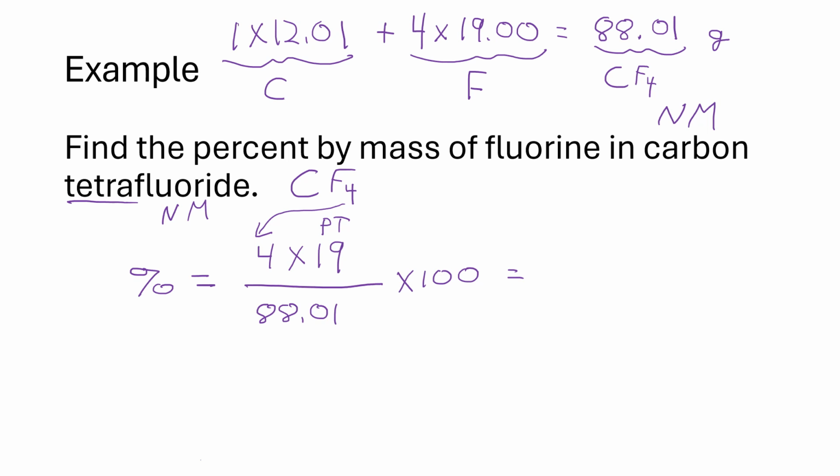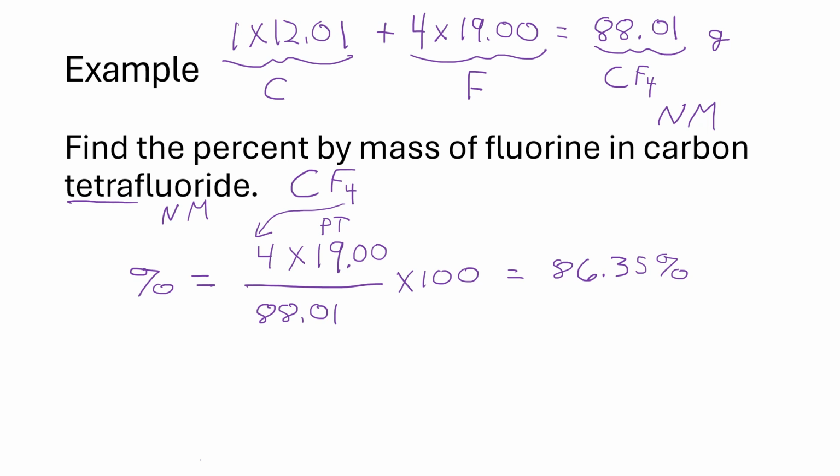And that's going to give me 86, let's see, let me go ahead and keep sig figs straight. So that's going to be 86.35%. That 19 I got sloppy on. We really do the masses to 2 decimal places when we're doing molar masses, so I should have written the 19.00.